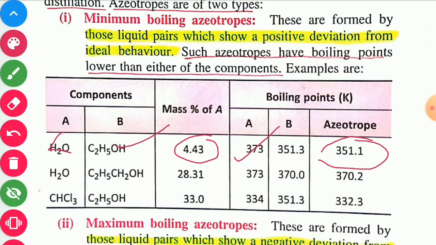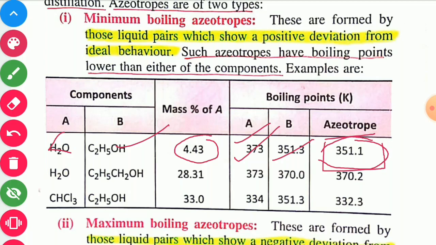So if we consider the boiling point in the pure form, for water 373 and for ethanol 351.3, but the boiling point in the case of the azeotropic mixture is 351.1, which is less as compared to the boiling point of water as well as the boiling point of ethanol. So this is the minimum boiling azeotrope.